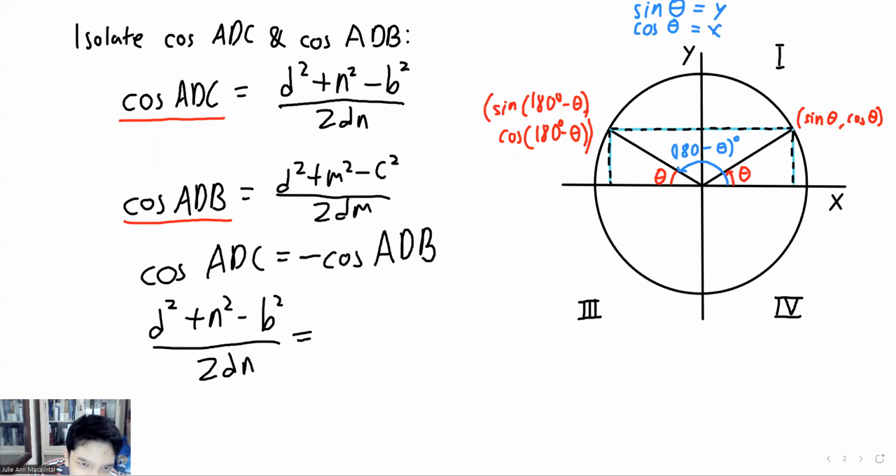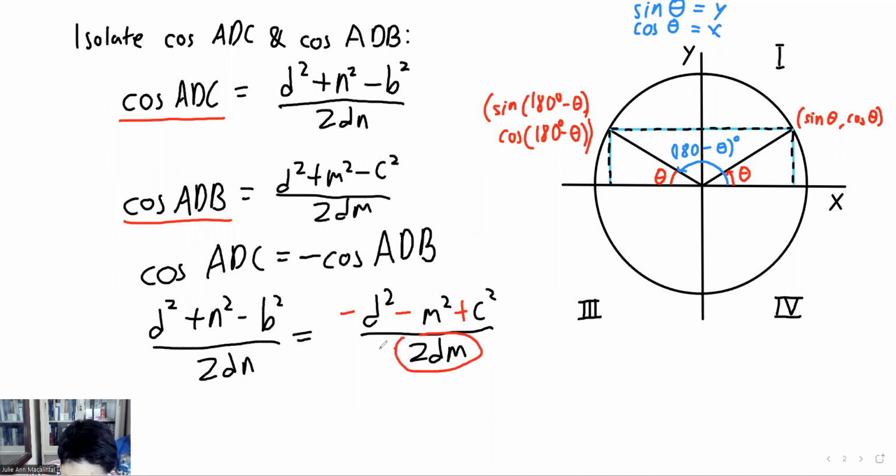Let's make this bigger. So we can distribute this negative sign, and then all of the signs will flip. Okay, so now we can cross multiply. This goes there, and the same for 2dn. They'll go to the right hand side.